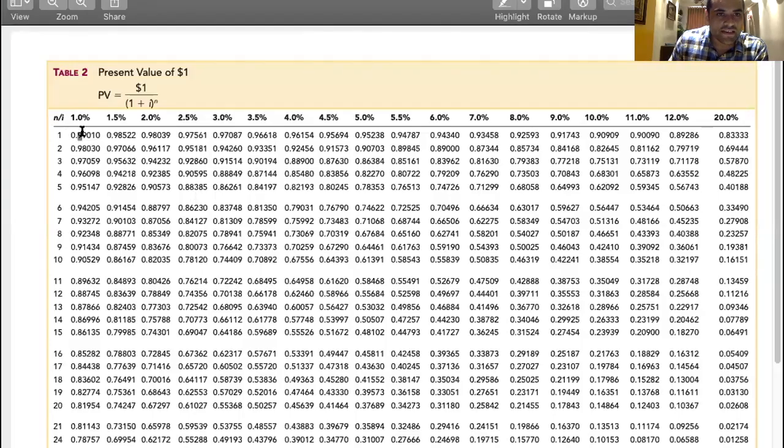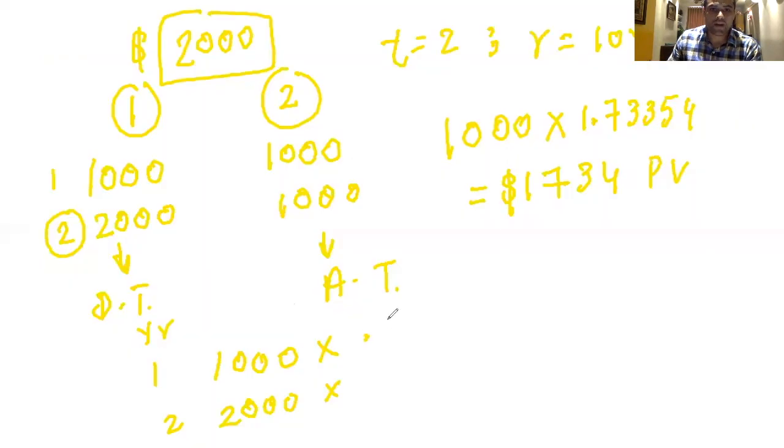So first year, 10%, 0.909. So which means 909 is the dollar value. And second year, 10%, 0.826.